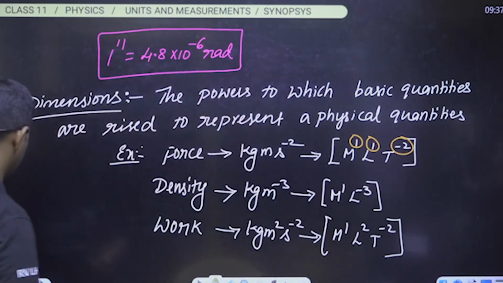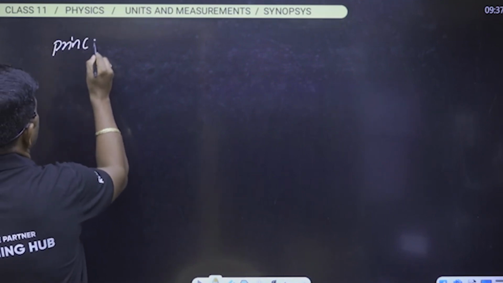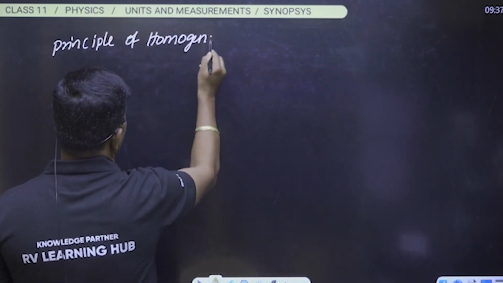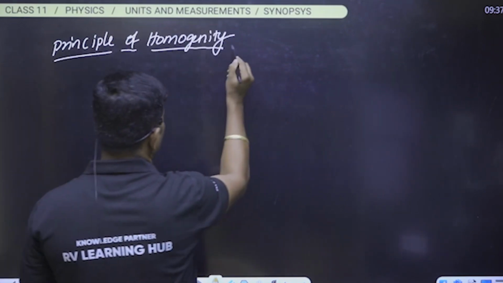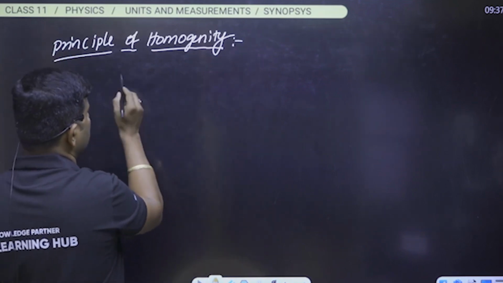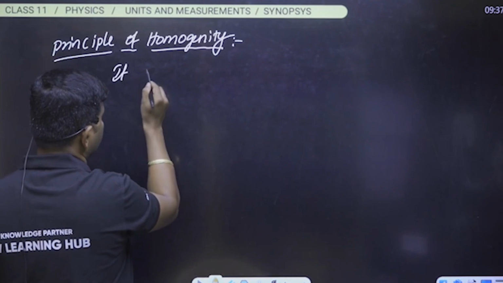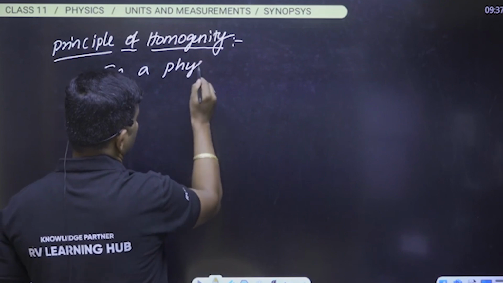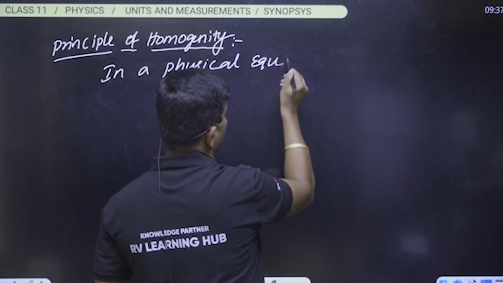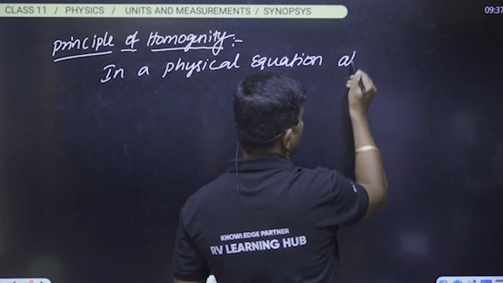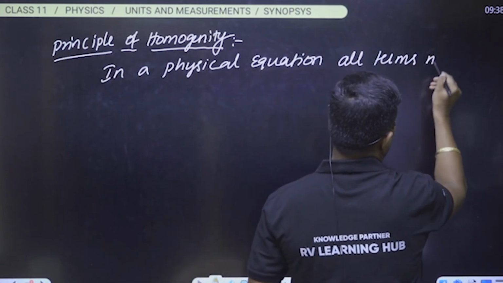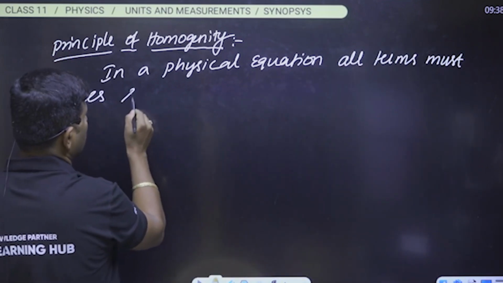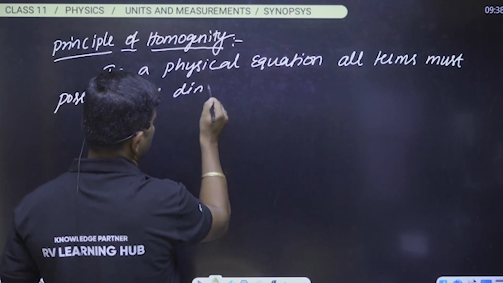Now let us understand the principle of homogeneity. It's very, very important. Principle of homogeneity. Here we can say that in a physical equation, all the terms must possess the same dimensions.